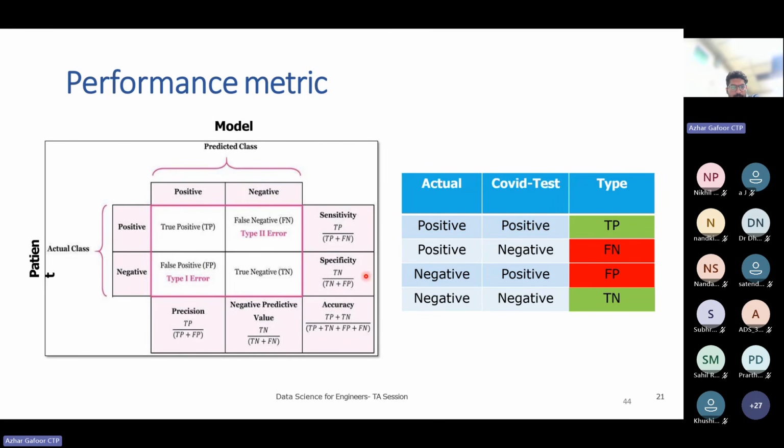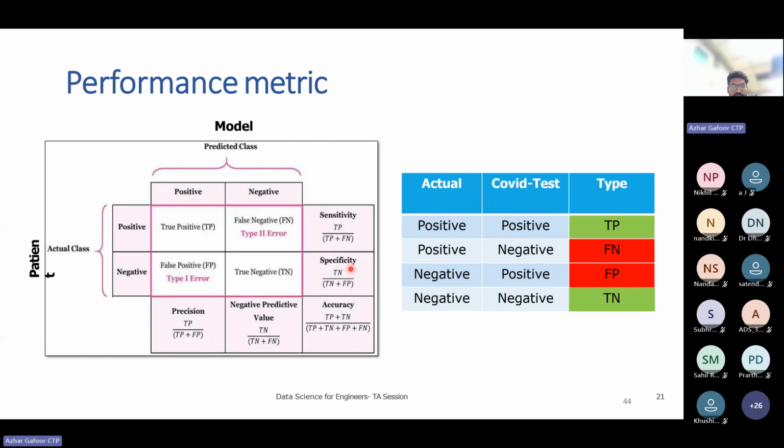If you remember this table, with its rows and columns, it is very easy to learn or remember these metrics. It's nothing but true positive divided by the sum of that row, which gives the sensitivity.